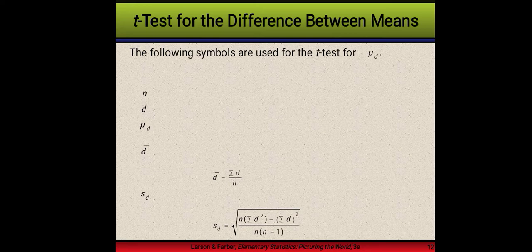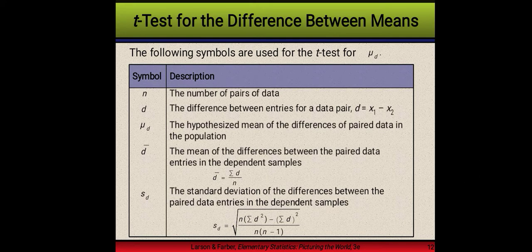T-test for the difference between means. The following symbols are used for the t-test. n is the number of pairs of data, as I have said earlier. D is the difference between entries for a data pair. We have D is equal to x sub 1 minus x sub 2.